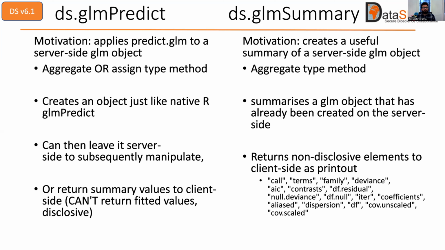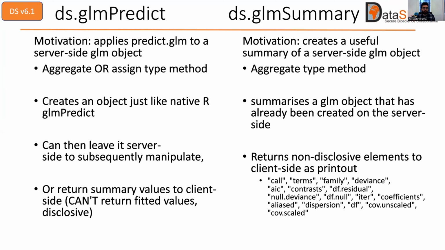Especially for this particular function, it can be set up as an aggregate or an assign type method. So you can plug in the various arguments that you need, and it will create an object server-side, just like native R will do, but stored server-side.